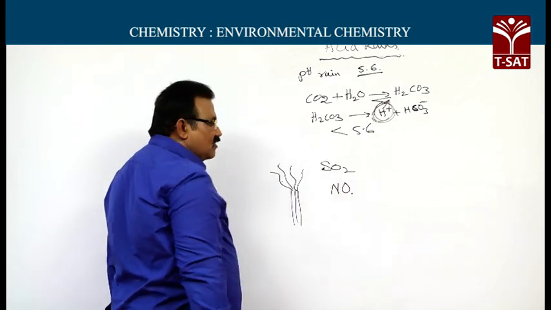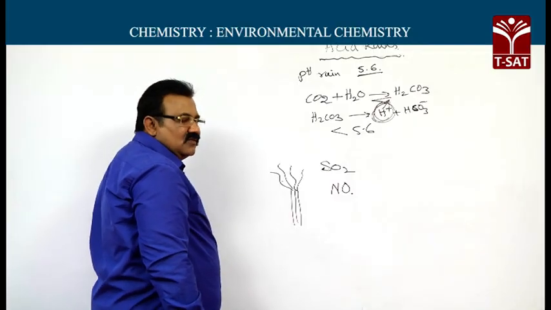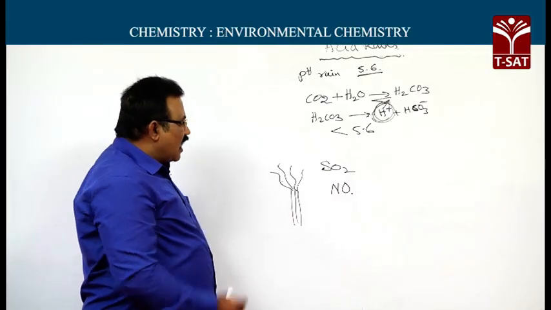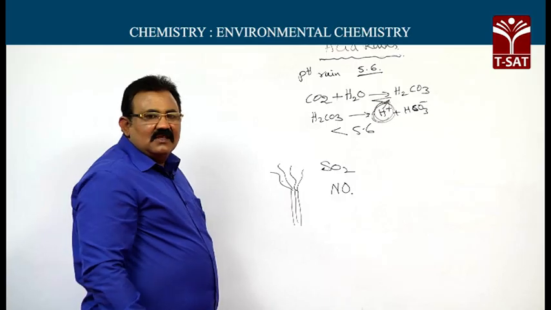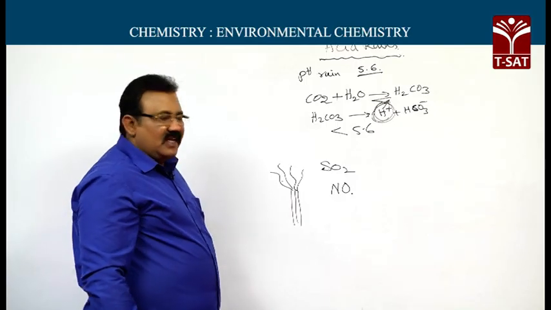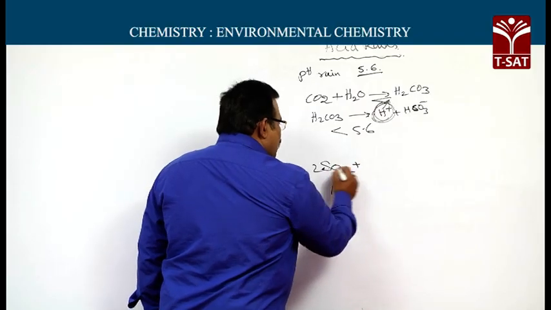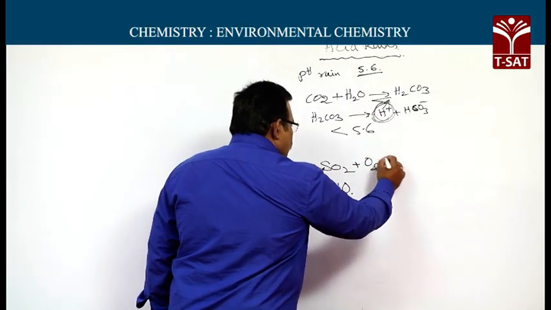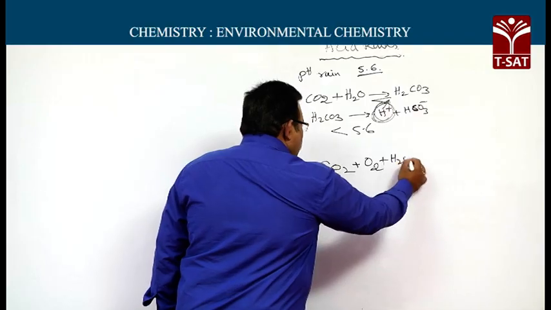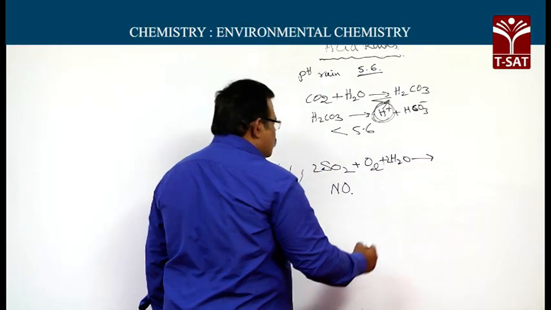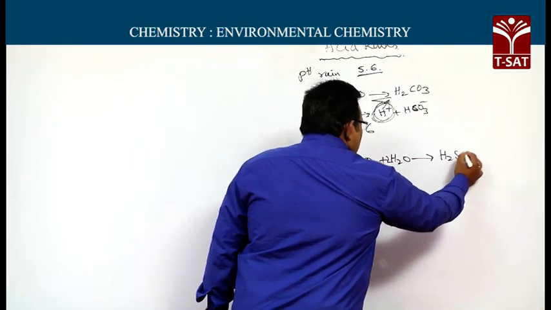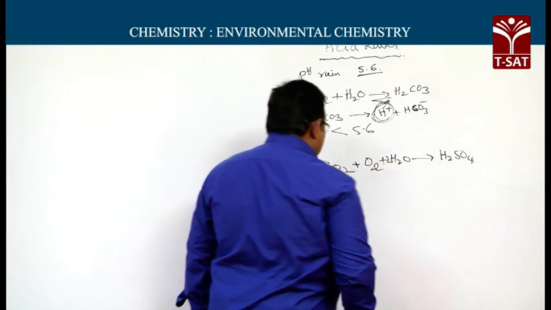These gases are further oxidized to their higher oxides and dissolve in water and occur as acid rains. Suppose sulfur dioxide combines with oxygen and water, it forms sulfuric acid.